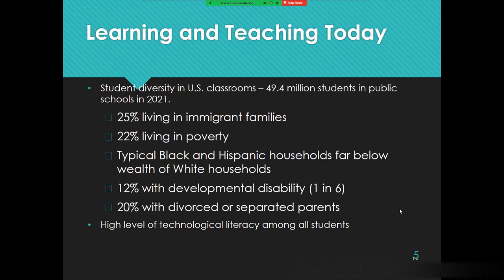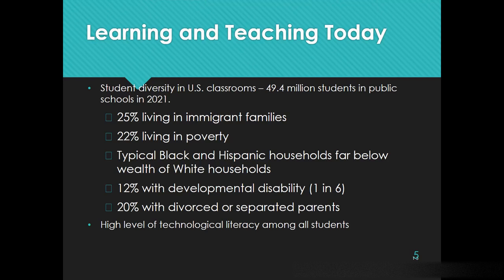Okay, so let's talk about that first one. This is information given in your text, and I did update it. The text was a couple years old, so I did update the statistics here. So today our students in our US classrooms are just incredibly diverse and increasingly diverse. Every year our classrooms are more diverse. So in 2021, at the official count day, there were 49.4 million students in public schools.